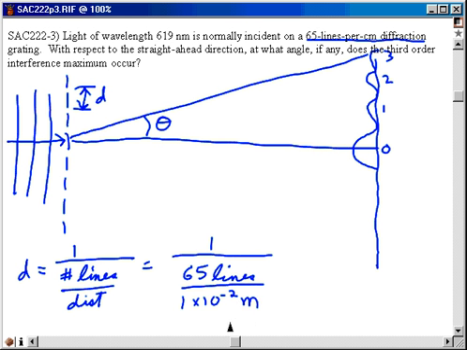This is an exact integer value, the 1. And if you evaluate that, you get 1.54 times 10 to the minus 4th when it's rounded off to 3 sig figs. 1.54 times 10 to the minus 4th meters.